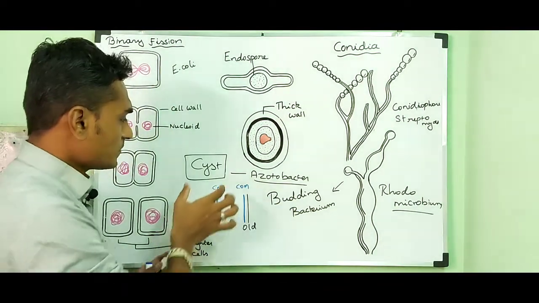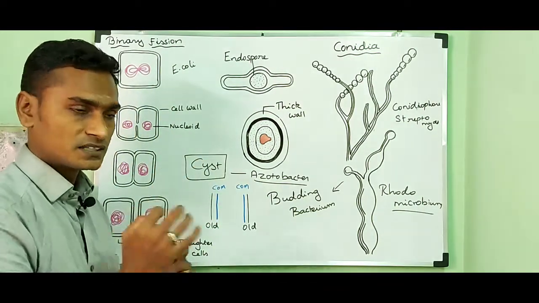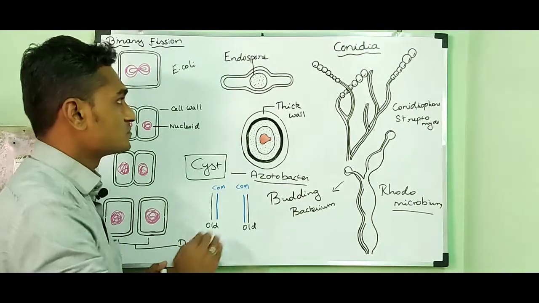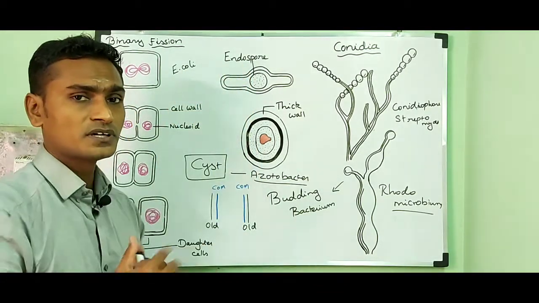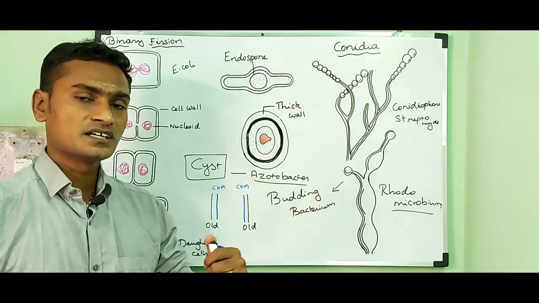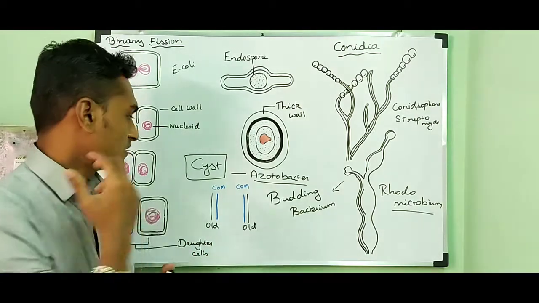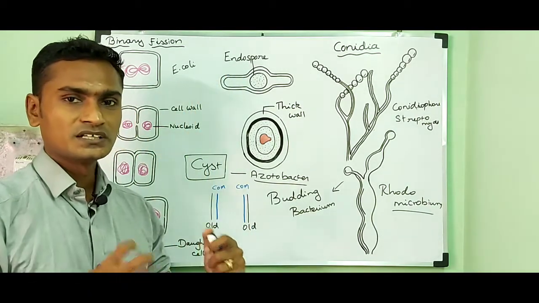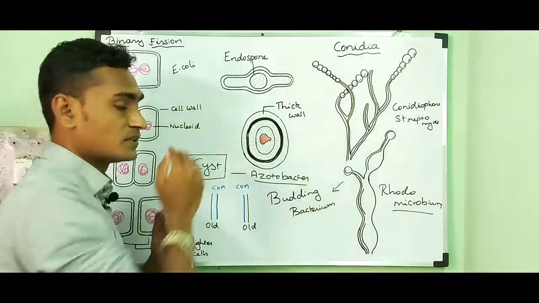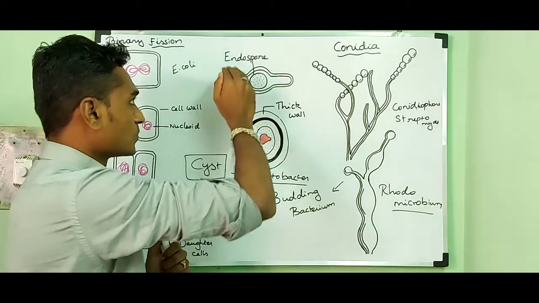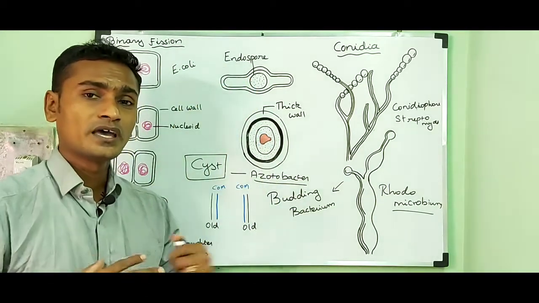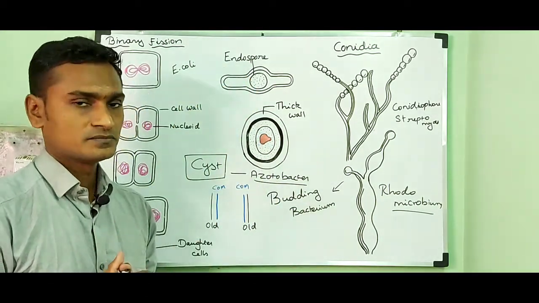In some aspects, the cyst resembles the endospore. However, the structure of the cyst and the endospore is totally different, because the endospore can withstand a high amount of heat.